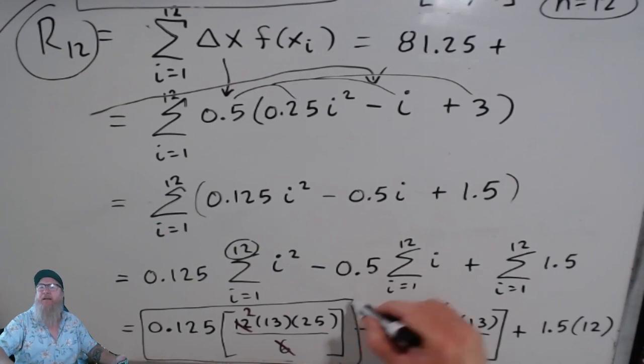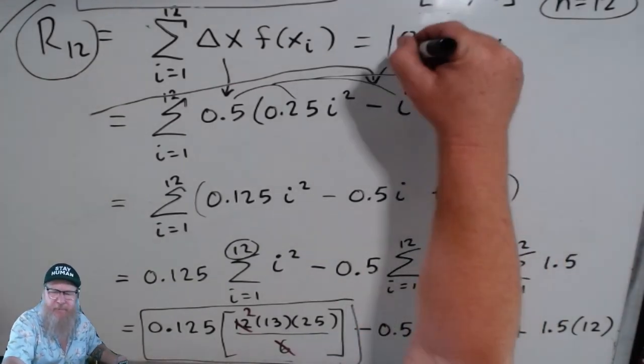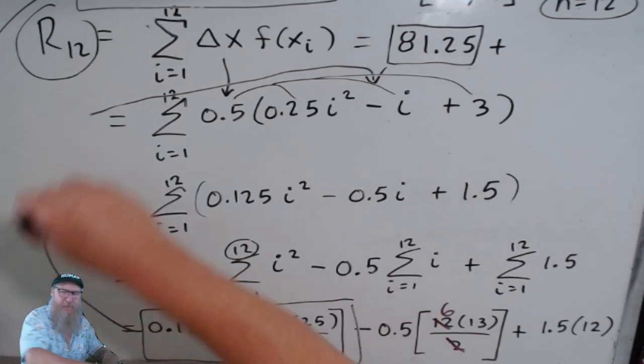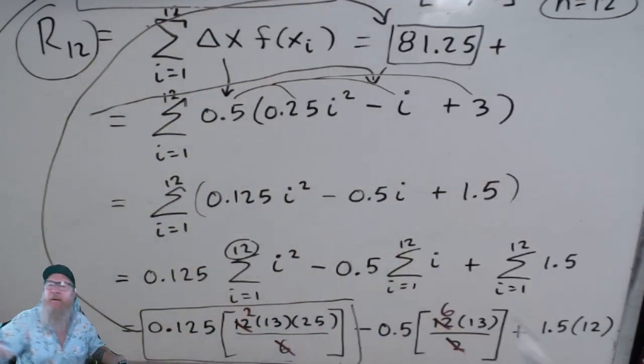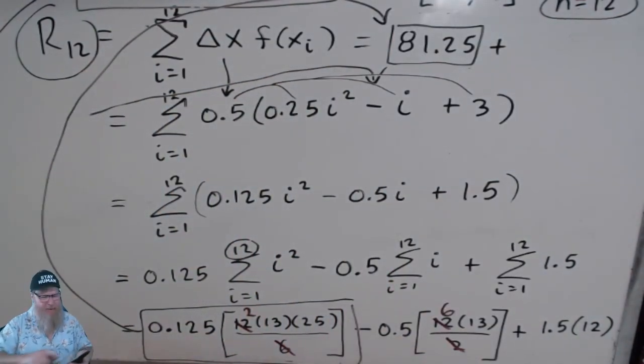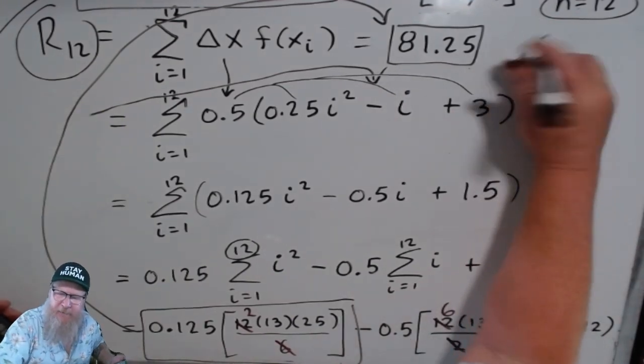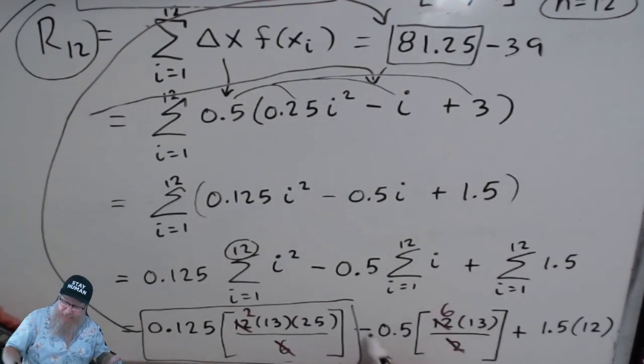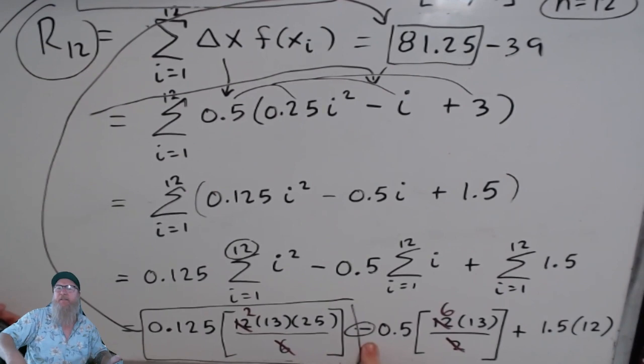I've run out of space, so I'm coming up here. All right, the next one, 0.5 times 6 times 13. So that's 39. It's actually minus 39 because be careful here, there's a minus.